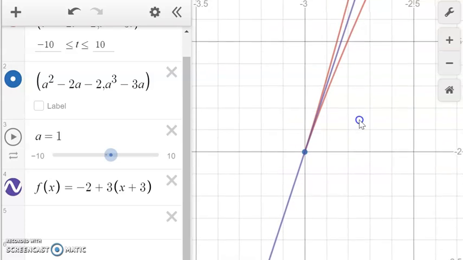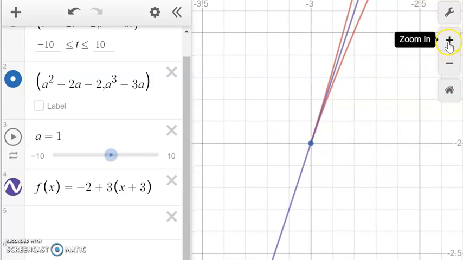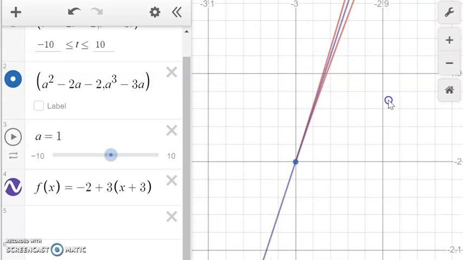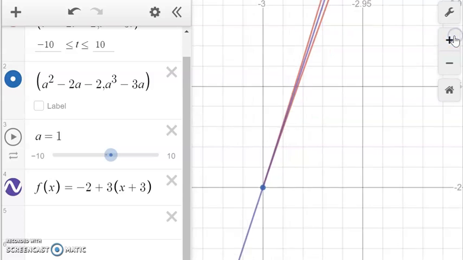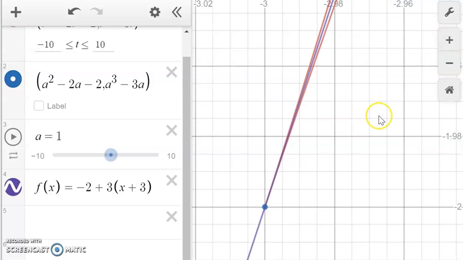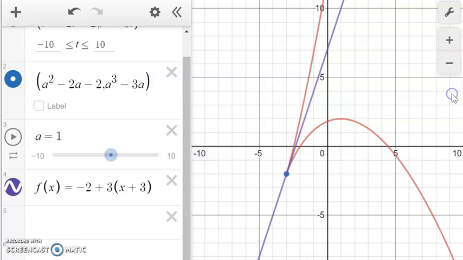But as we zoom in on the right side of the point, that purple line seems to be a good local linear approximation for both pieces of that red curve. Because whether we're approaching t from the left or from the right, our limit is still going to equal 3. So here's a nice little way to see what's going on.